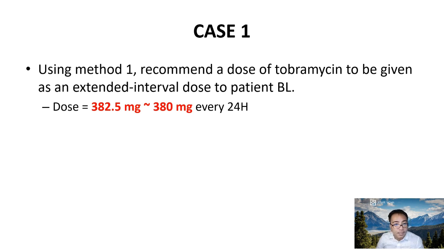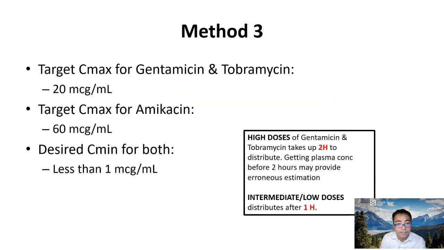So obviously, class, what comes out would be 382.5. For method 1, this is gentamicin, our patient is 75 kilograms.